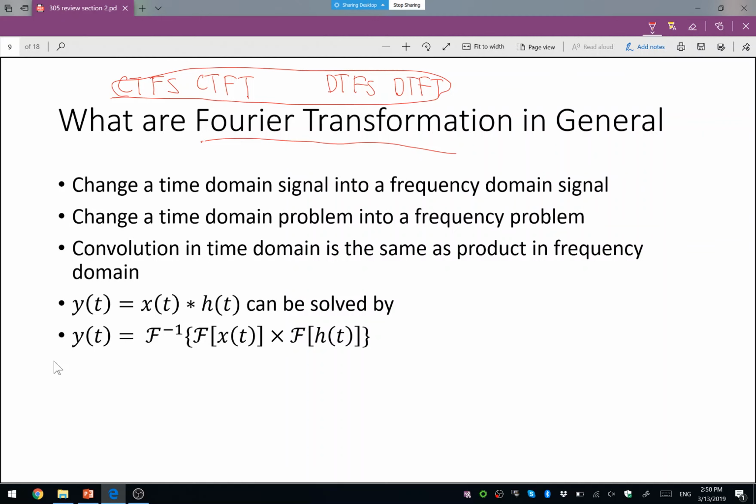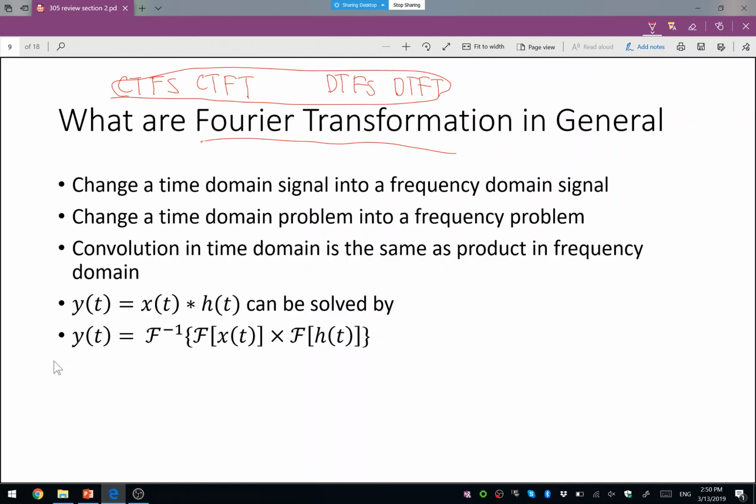Well, it is a transformation of the signal. Actually, what we are going to use is the transformation of a problem. Before, we have a problem in the time domain, and it's a little bit hard to solve. So we want to transform this problem into the frequency domain, try to find a solution inside that domain, and transform the result back to the time domain.